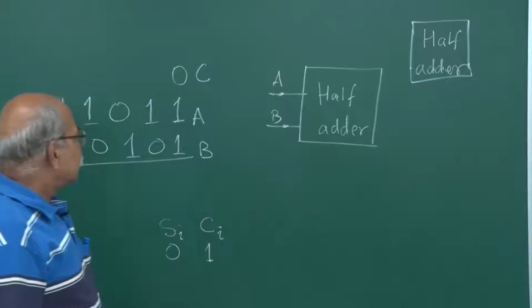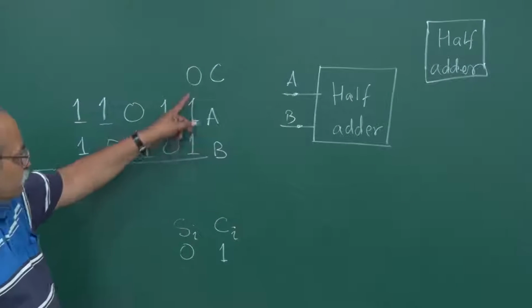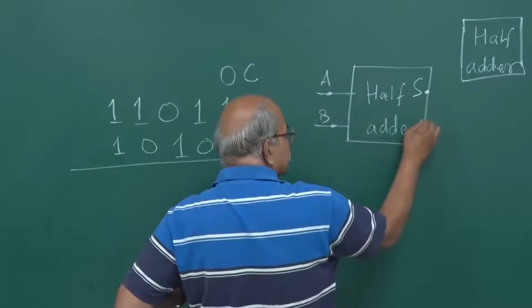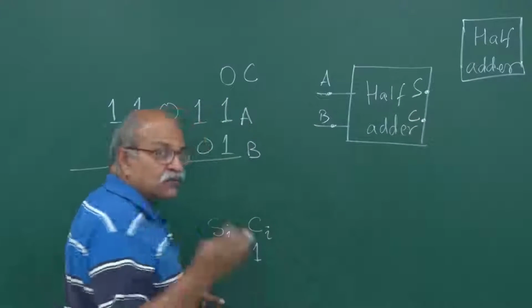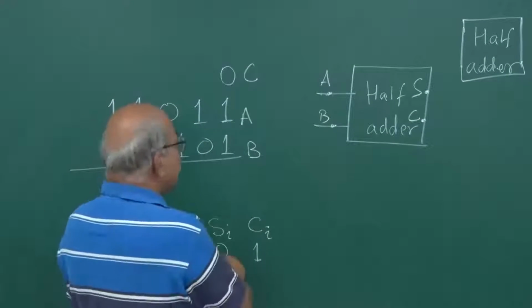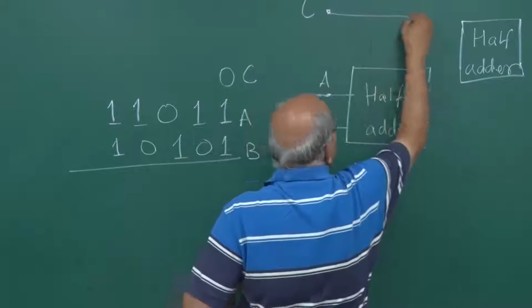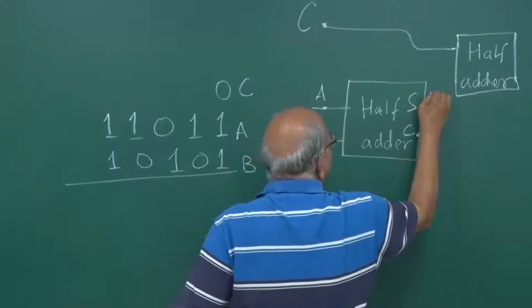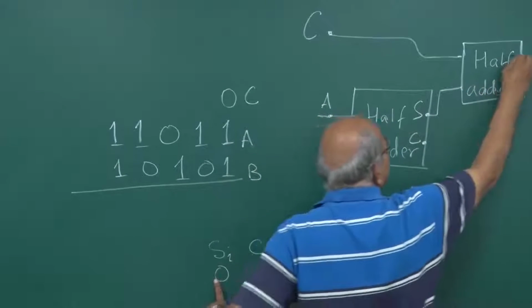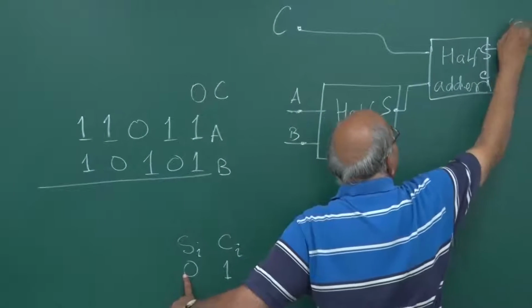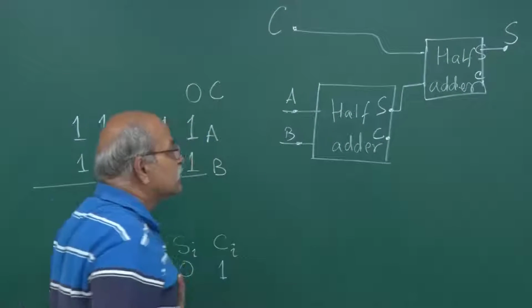The sum that I am getting from this, so this is the sum point, this is the carry point, you know, in the half adder you have two outputs. So, this sum and that carry, and here that is the carry. So, this carry and this sum, they go here, and then this is our final sum. This is our final sum.